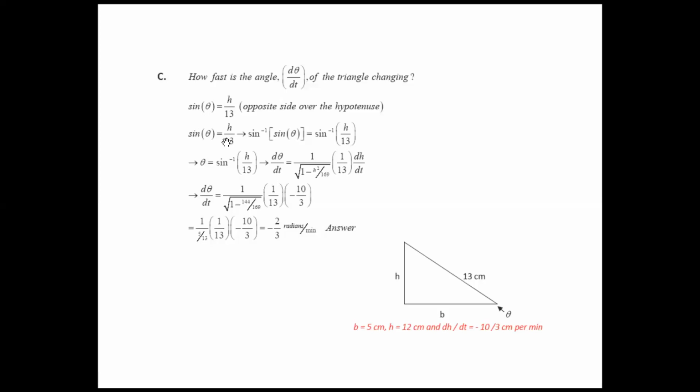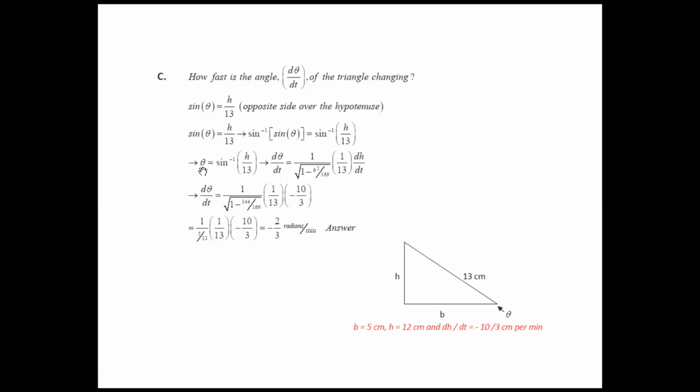And remember, we need dh/dt. So here's what we're going to have to do. We're going to take the inverse sine of each side of this equation. Why are we doing that? Well, the inverse sine of the sine of theta is theta, and then we have the inverse sine of h over 13. So let's take the derivative.